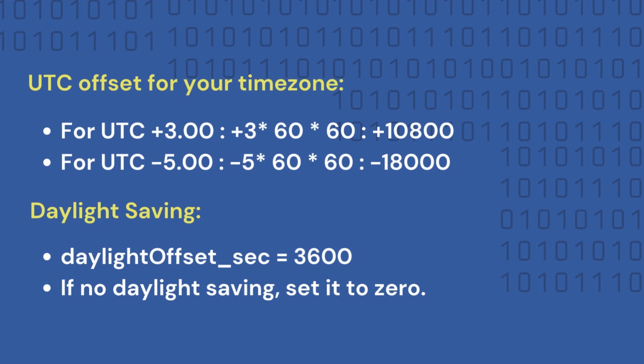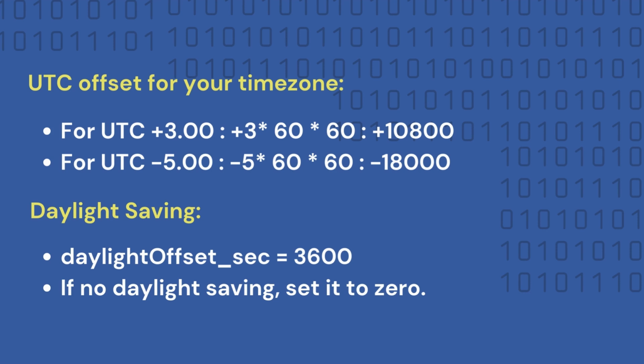And you can calculate your time zone through looking at the UTC offset and multiplying that number by 60 and another 60. So an example is, if your country is in the UTC offset of +3, then you would need to multiply 3 by 60 by 60.